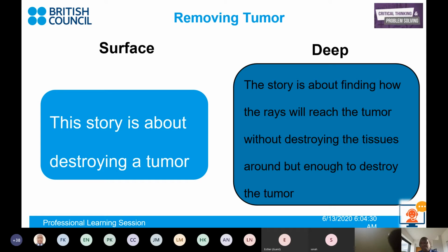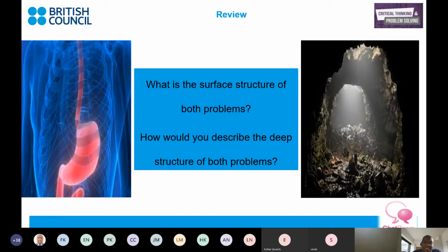So when you look at the two, the tumor and the cave, what are the surface structure of both of them? What is surface about them and what is deep about them? Can you write in the chat, what do you think is surface about this story and which perspective makes them deeper? How do you transfer from the surface to the deeper level by looking at the same story?